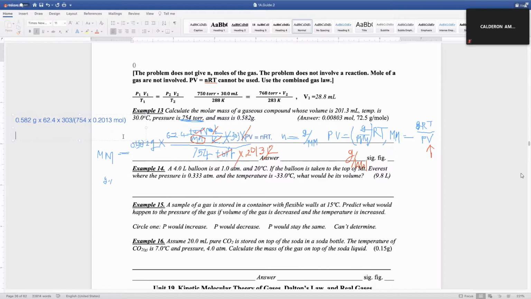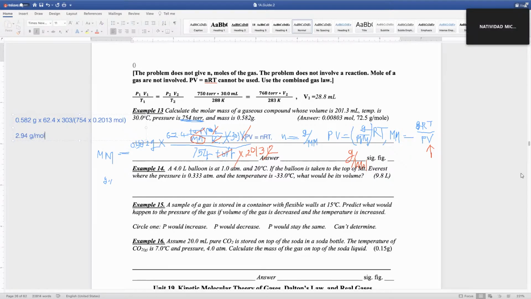All right. 2.9378, and then you have to do it by sig figs. So 2.94. 2.94 grams per mole.